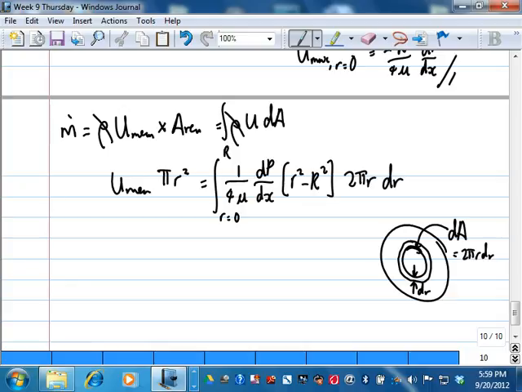Now we've got some challenge here. It looks quite easy, but now the challenge. So let's integrate and see what the mean velocity is. Sorry, this is big R. This area is pi R squared. Times pi R squared is equal to, bring out all the constants, 2 pi over 4 mu dp on dx.